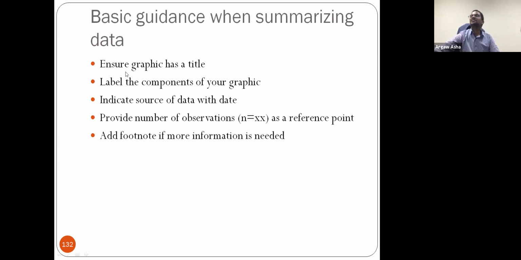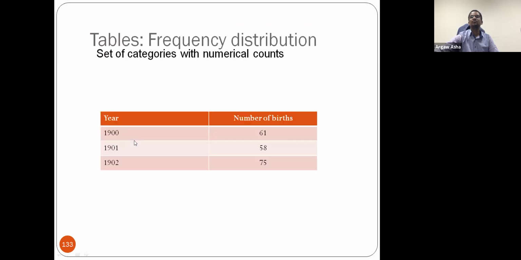Ensure the graph has a title, check the graph title, and label the components of your graph. Indicate source data with date or provide numbers and add some footnote. For example, this is a frequency distribution, a set of categories with numbers. Is this correct or not?